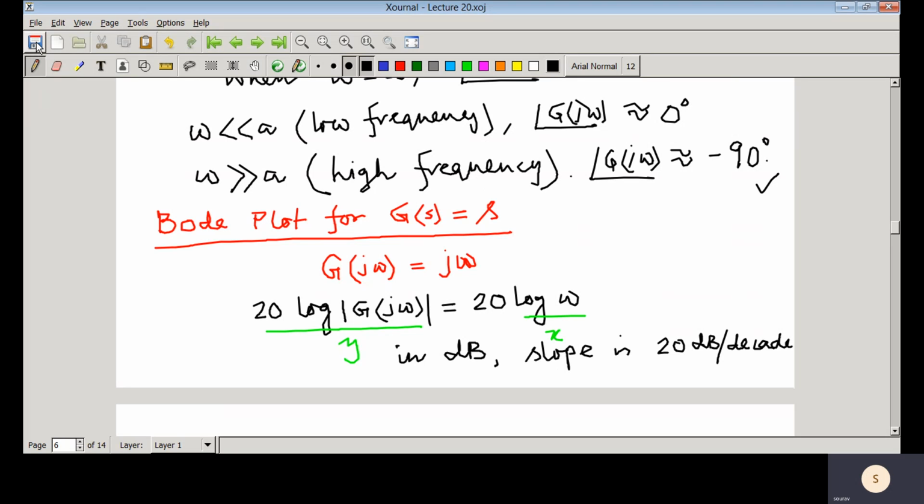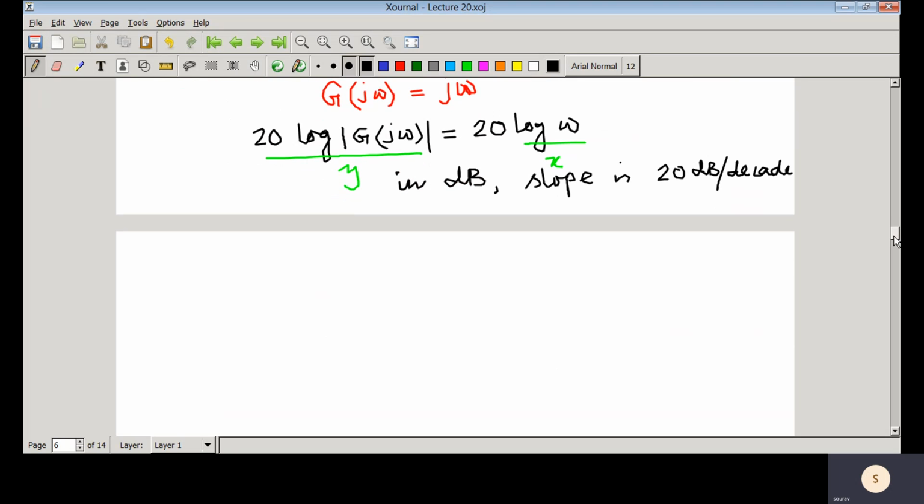And what would be the value when omega equal to 1 rad per second? Then the value of 20 log of G(j omega) is equal to 0.